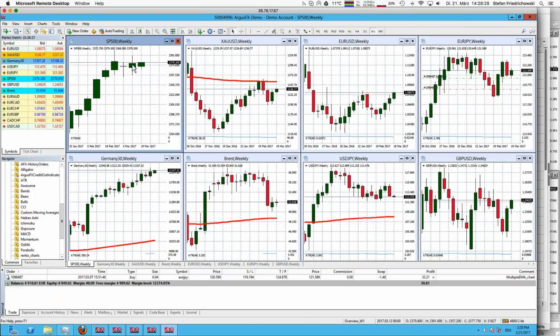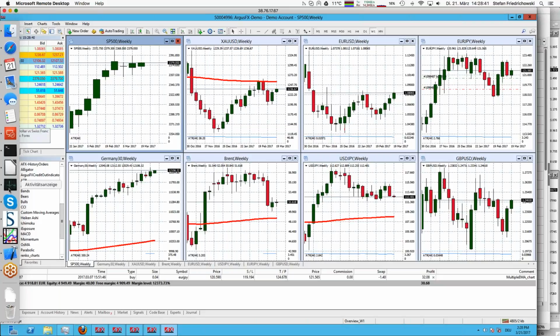2391 is the high, the low is 2357.2, and we can use those numbers, and the exchange rate is 1.08.